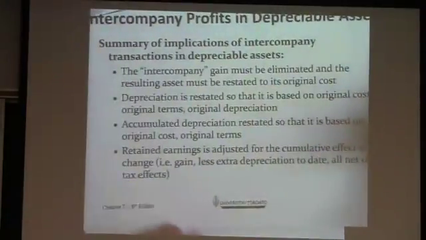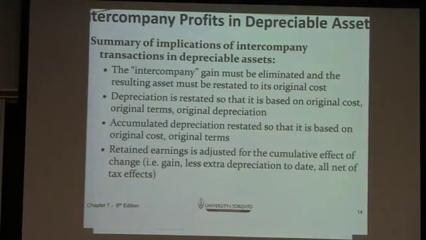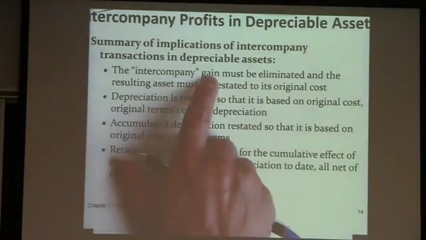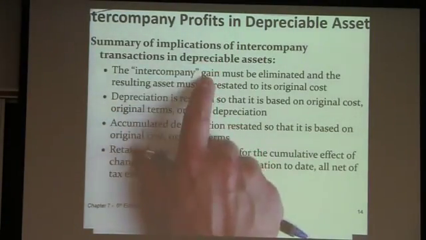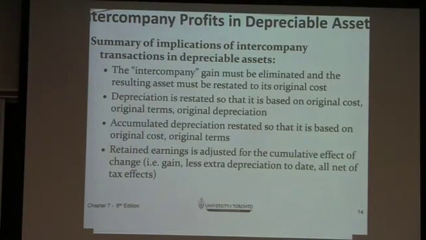So first of all, when we're exchanging and selling intercompany assets within the related group, what we have to do is eliminate the intercompany gain or losses on that depreciable property. And by doing that, we're essentially restating the asset at its original cost.